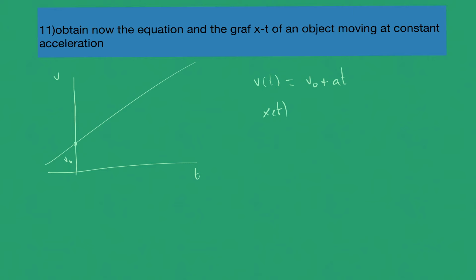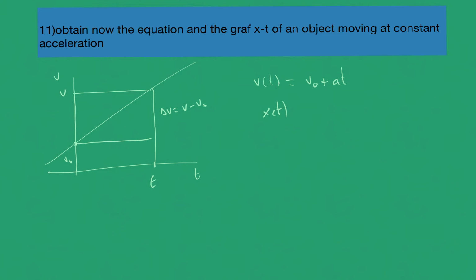What I do is almost a trick. Imagine this is the t final. So t final will correspond to a v final, which we also call v. What is the slope here? The slope is delta v, and delta v is v minus v0.